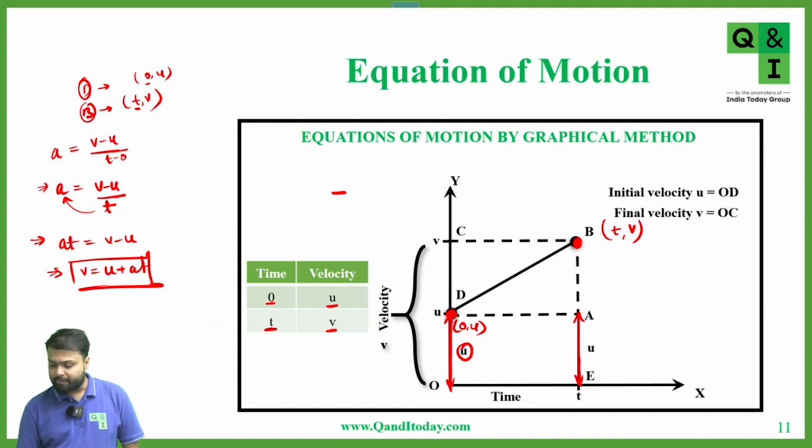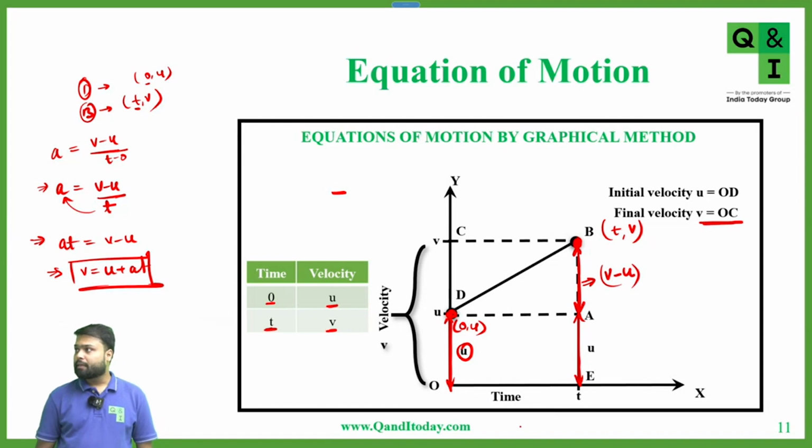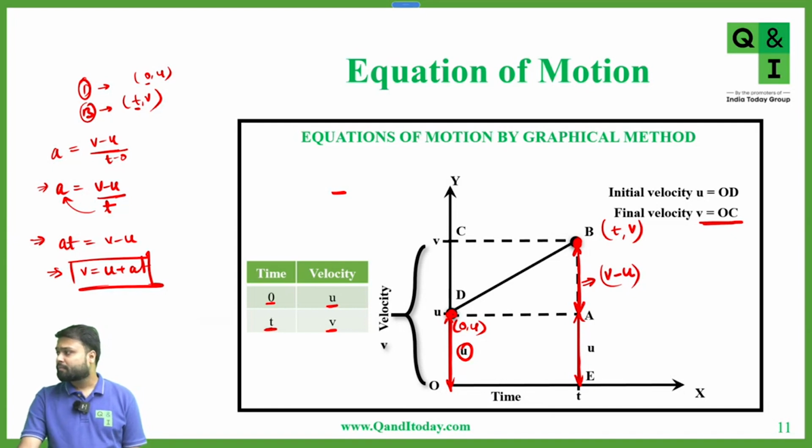So can we say that the final velocity v is equal to OC? So this distance from B to A is total v, and from A to E is u. So A to B is v minus u. Yes or no? Any doubt till here? Anyone? Okay, very good.